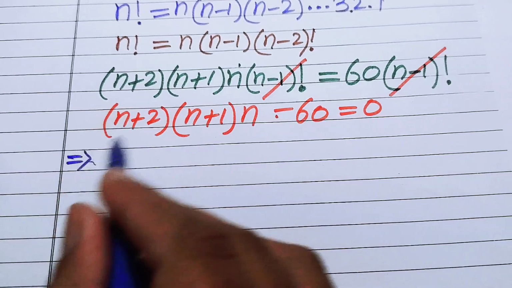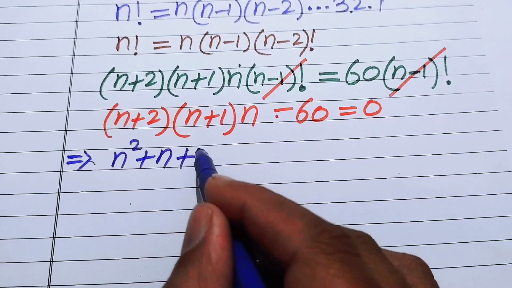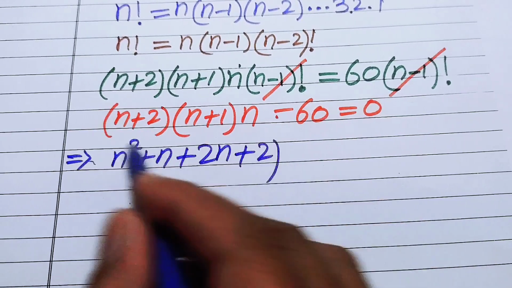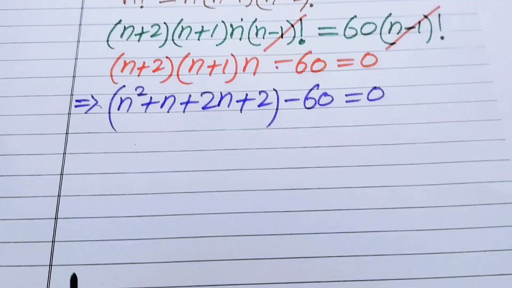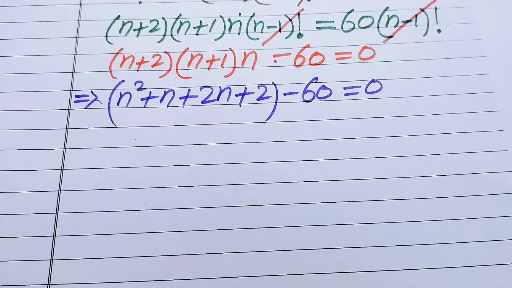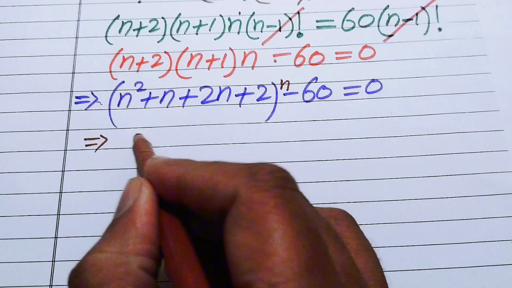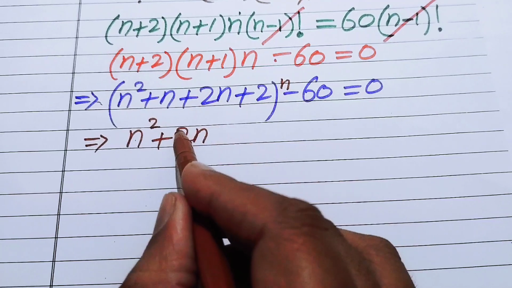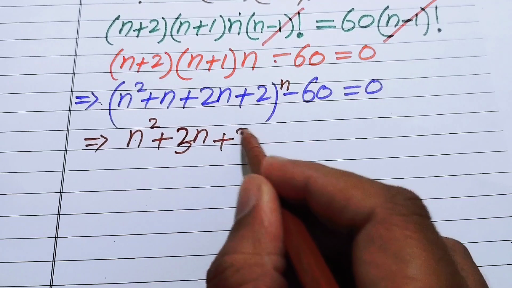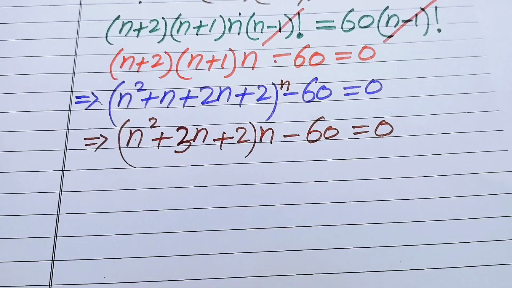First I multiply (n+2) and (n+1), and you get n squared plus 3n plus 2, and then times n, minus 60 equals 0. Now we add the like terms: n squared plus 2n plus n gives 3n, plus 2.